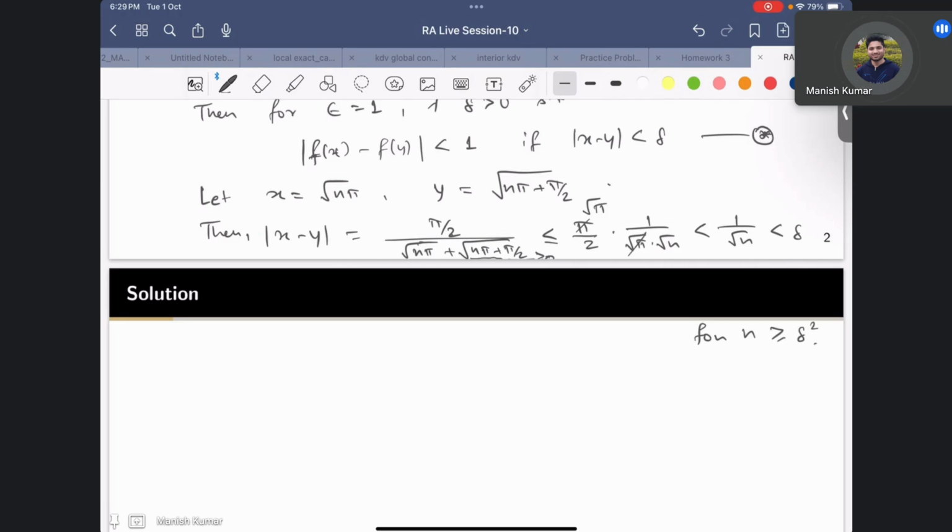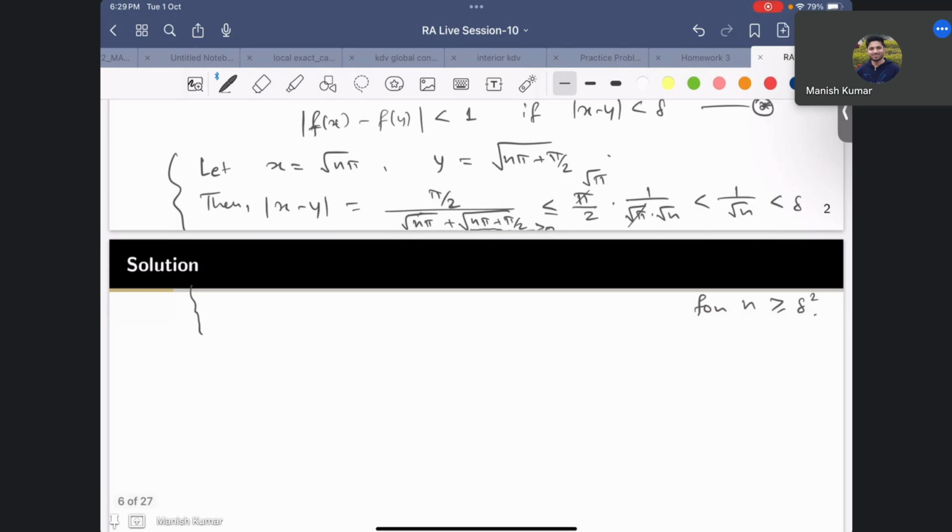So for large n I can make this x and y, so you can understand that this x and y are depending on n, but now I'll choose some capital N. Okay, so how should I write? So the proper answer would be like this, if you want to. So maybe this is one way, the other way would be just directly kind of back calculation.